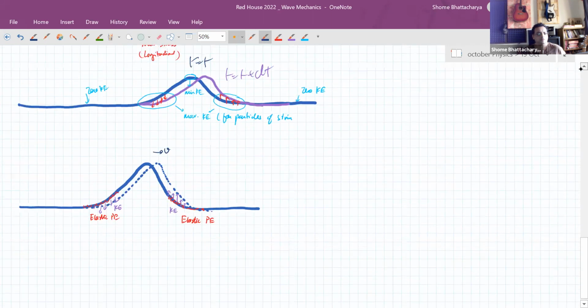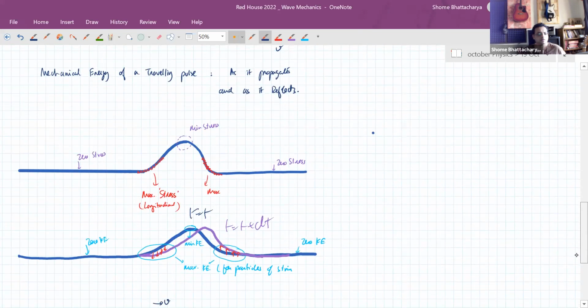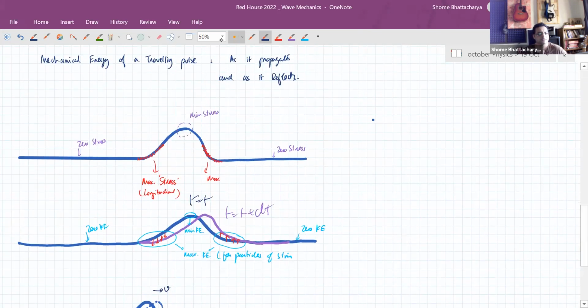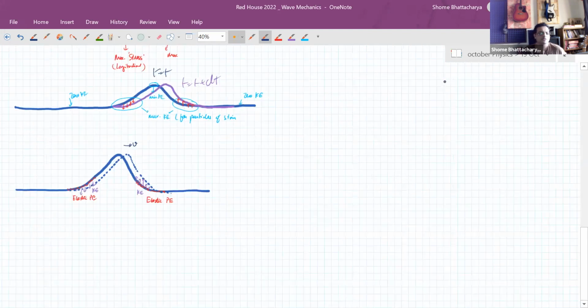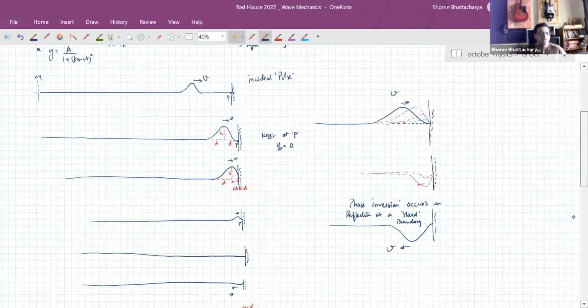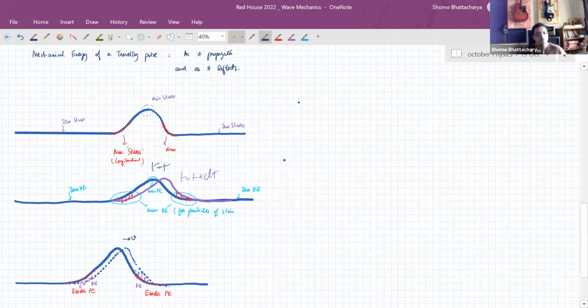Through these diagrams, you can understand that, as I said, a pulse which is propagating carries with it a certain amount of fixed mechanical energy, which is why the shape of the pulse remains constant, if we are assuming it's not dissipating energy. Okay.